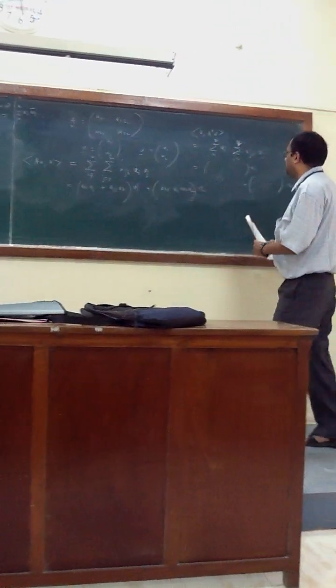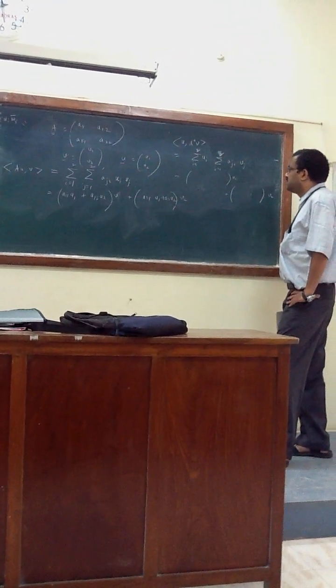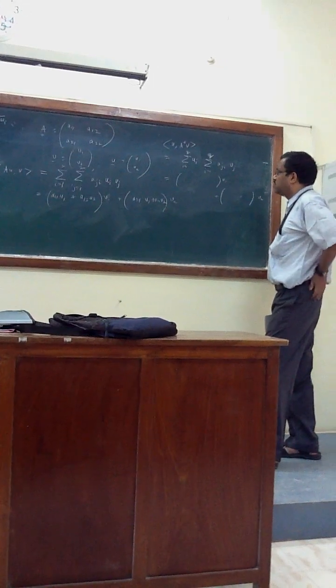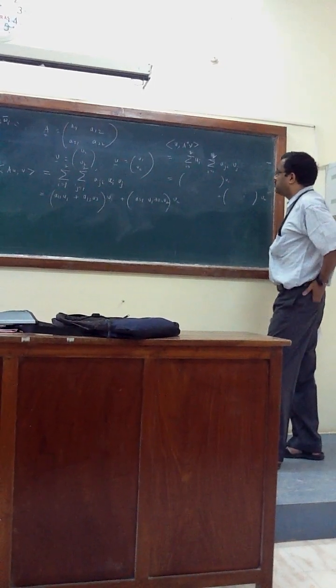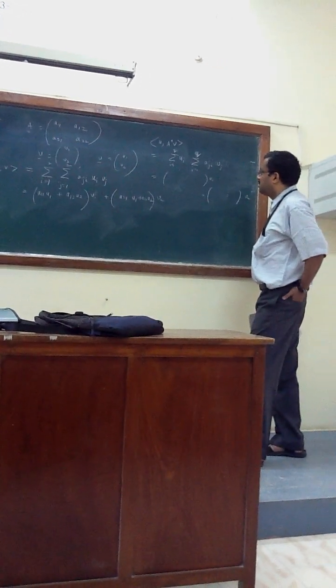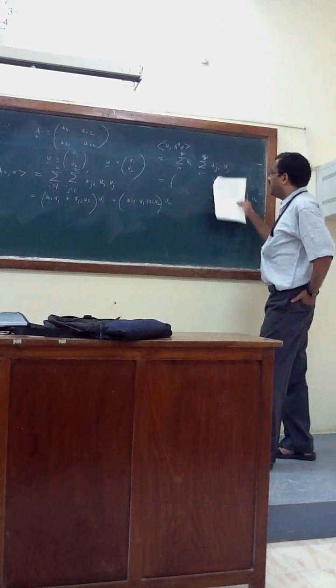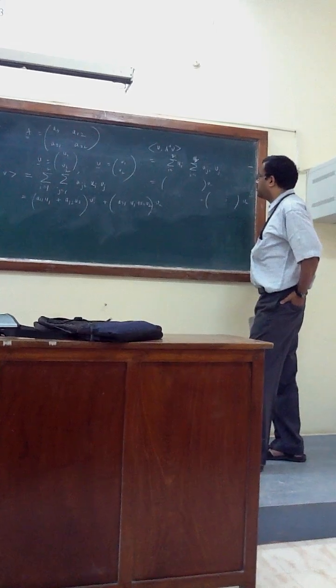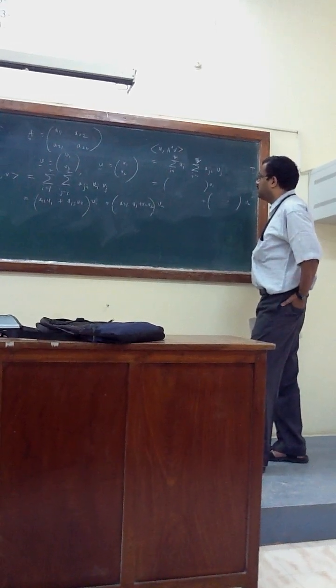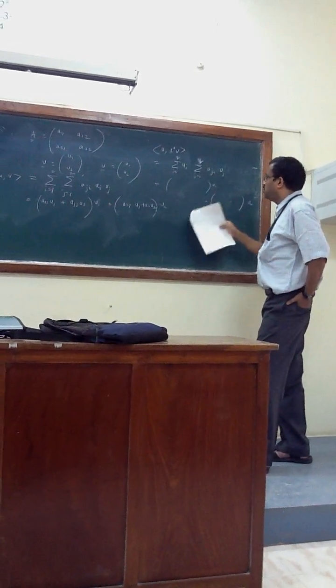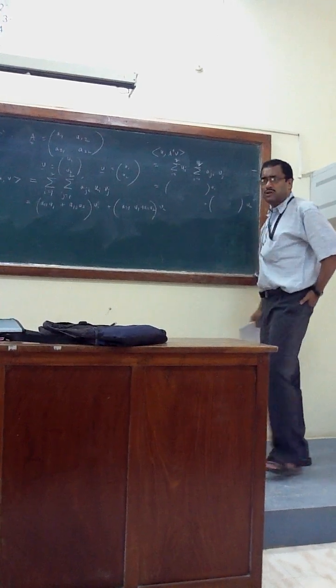So in that case, one step forward. First you fix i equals 1, then j equals 1 and 2. So for V1 you get A11 U1, and similarly if you put 2, it is A12 U2.